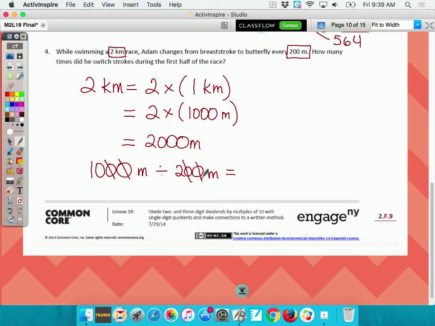So my problem here is 10 divided by 2. What's your answer? 5. So how many times did he switch strokes? 5 times. So Adam switches strokes 5 times in the first half of the race. So how many total times did he have to switch? 10 for the whole race, okay?